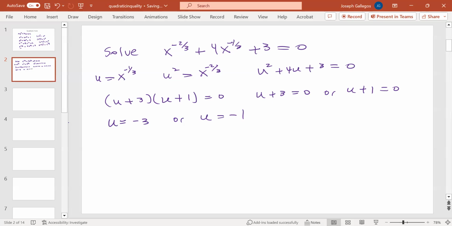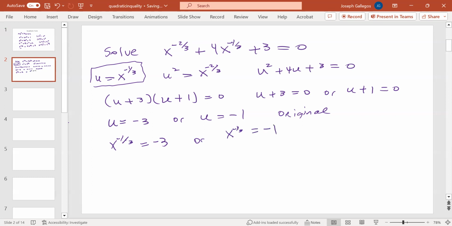And now we want to go back to the original variable by looking at what u is representing. And u is representing x to the negative 1/3. So the first equation becomes x to the negative 1/3 is equal to negative 3, and the second equation becomes x to the negative 1/3 is equal to negative 1.